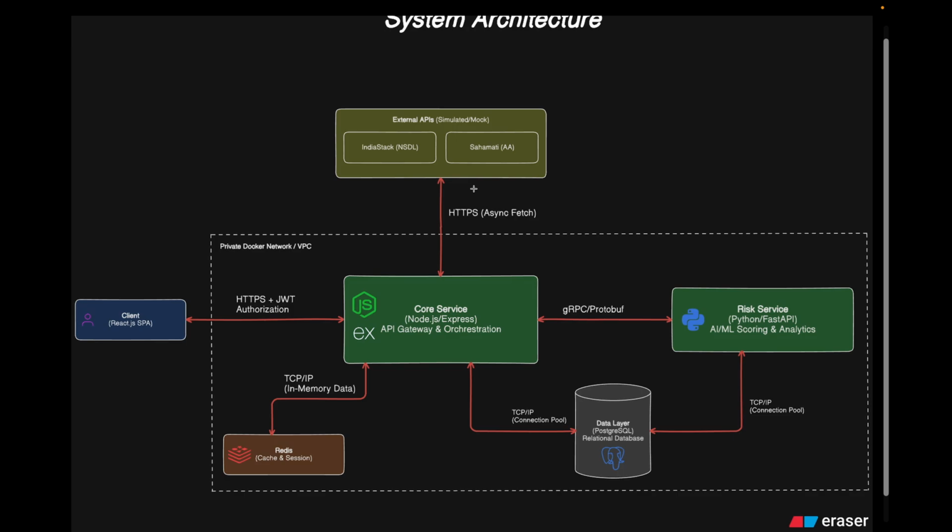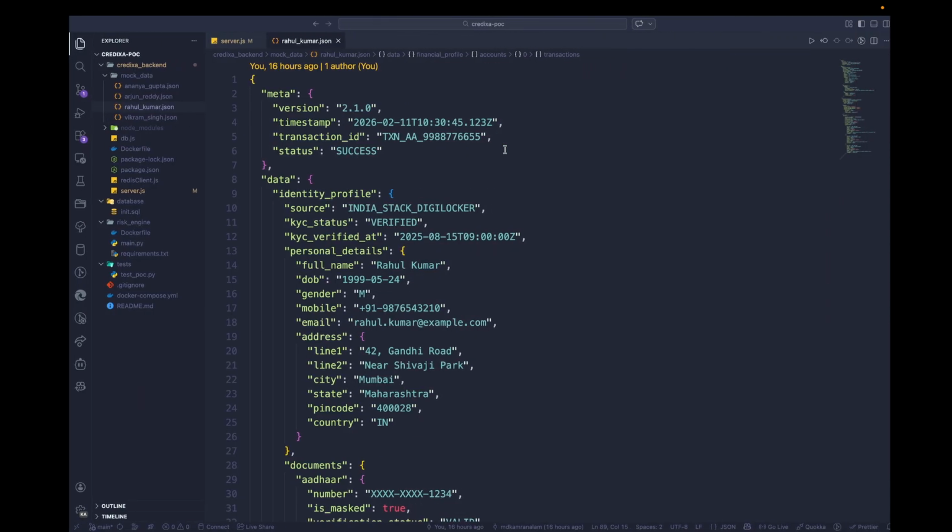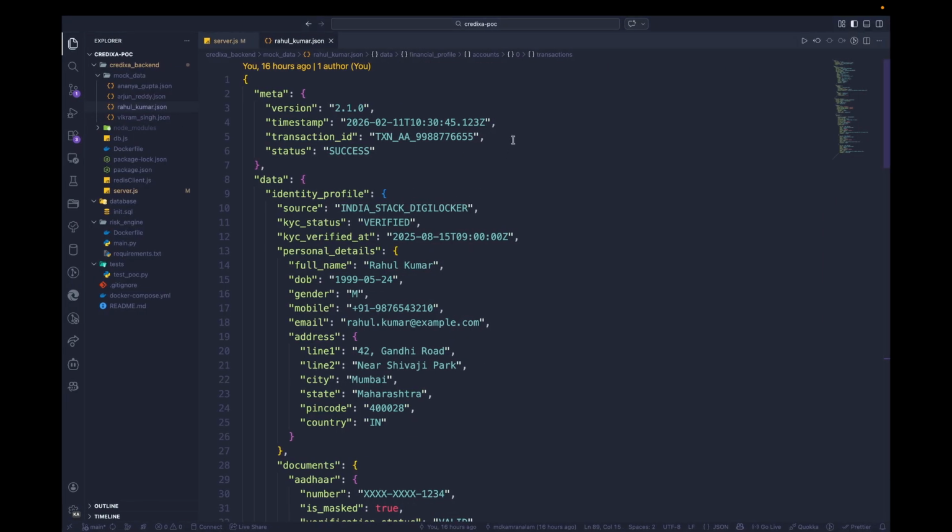A key challenge in phase 2 was simulating India Stack and Sahamati APIs without access to live banking licenses. To ensure our simulation matches reality, we focused on two principles: latency parity and data structure parity. Instead of hard coding simple logic, we built a file based mock data layer.